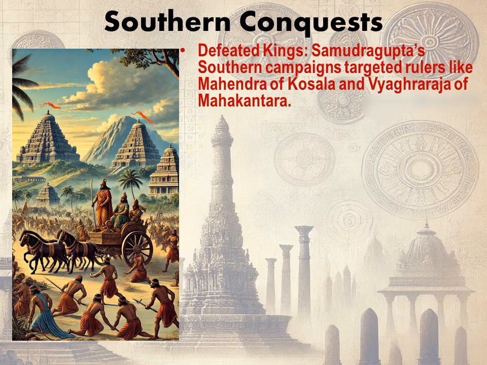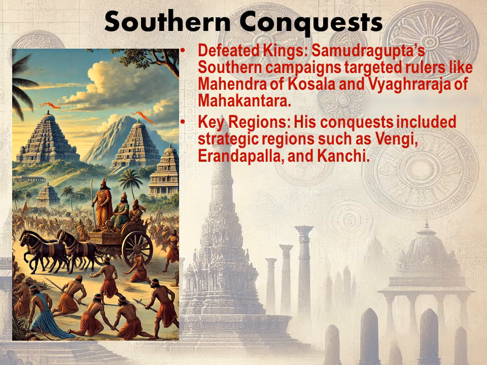So these are the two famous rulers whose names have been mentioned among the defeated rulers of his southern conquest. His conquest included strategic regions such as Vengi, Irandapala, and Kanchi. So these were the regions which he conquered, and thus he consolidated his rule towards the southern part of Indian subcontinent.